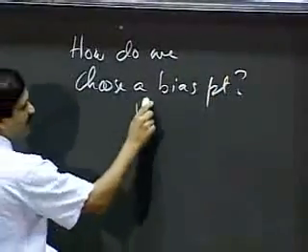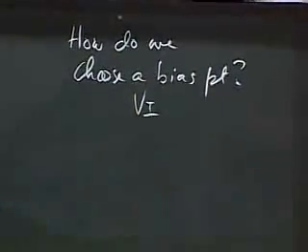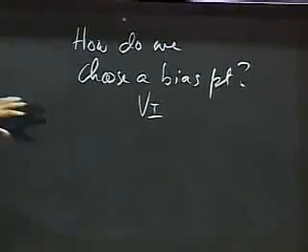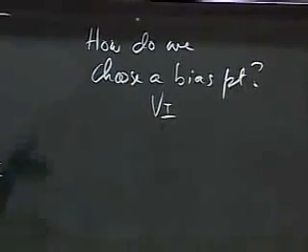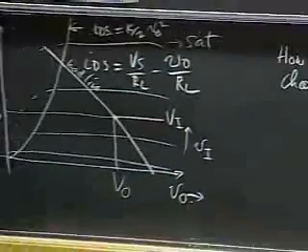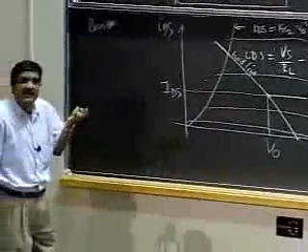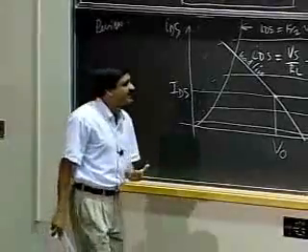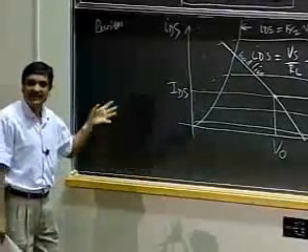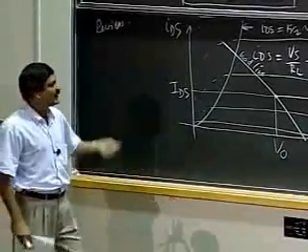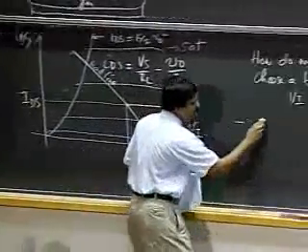In our particular example, let's say we are free to play around with Vi. So you play around with Vi, and I can choose various bias points. So where do you set the bias point? What are the various characteristics of the circuit that relate to my bias point? Well, first, of course, is gain.